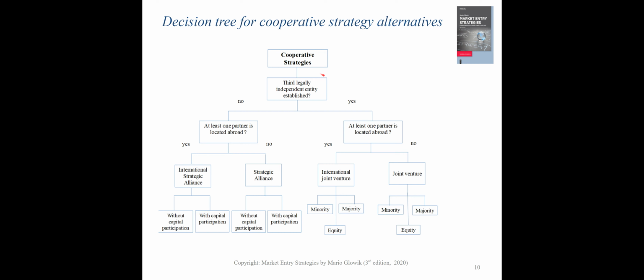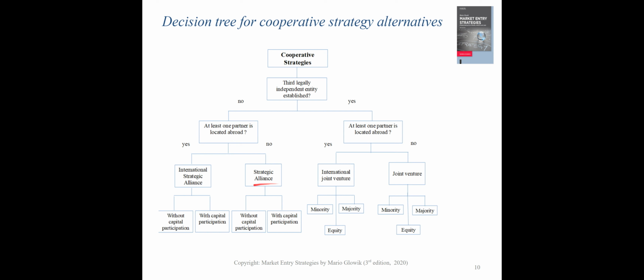The first question is: is there any third legally independent company established? If the answer is no, then the question is whether at least one partner is located abroad. If the answer is no, then we talk about a strategic alliance. If the answer is yes, then we talk about an international strategic alliance.